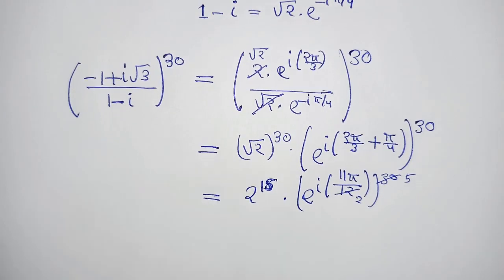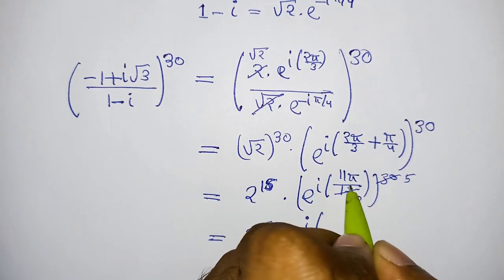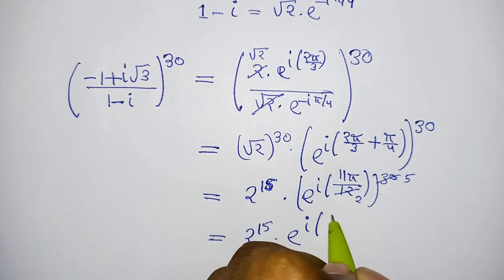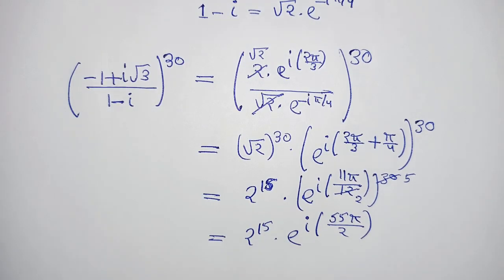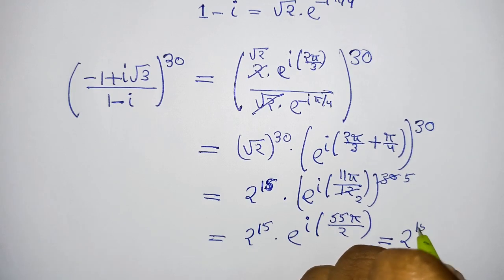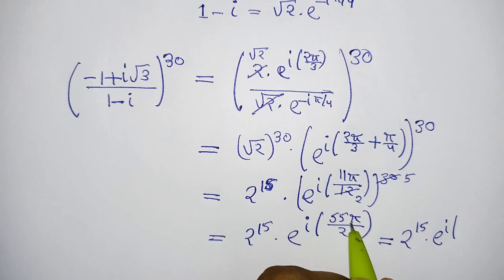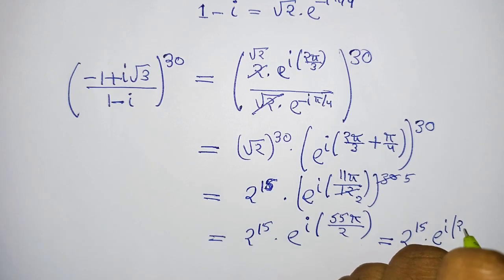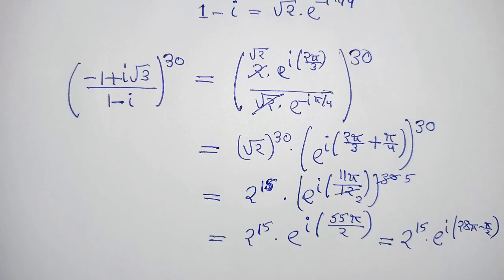And then this is equal to 2 power 15 into e raised to power iota, and 11 pi into 5 is 55 pi divided by 2, which is also written as 2 power 15 into e raised to power iota 55 pi by 2. 55 pi by 2 can be written as 28 pi minus pi by 2, correct?